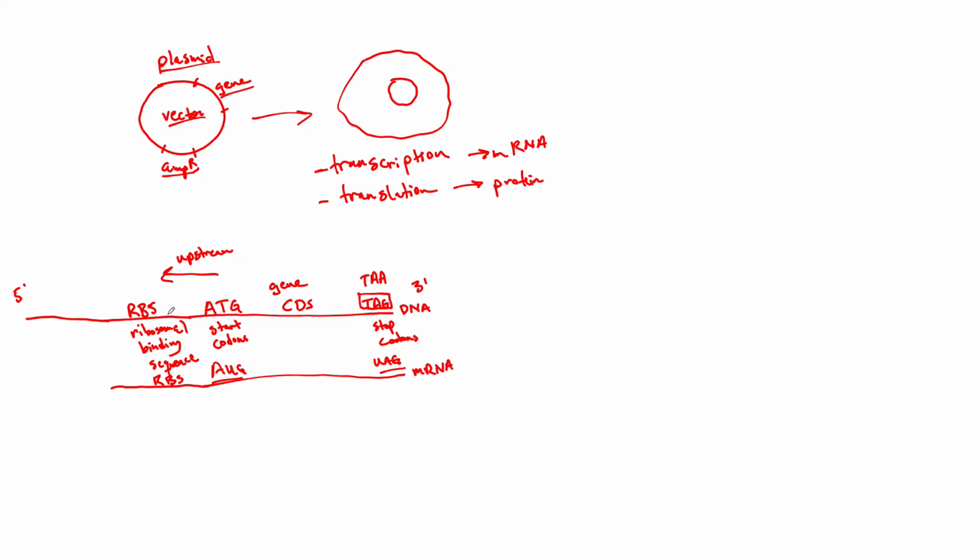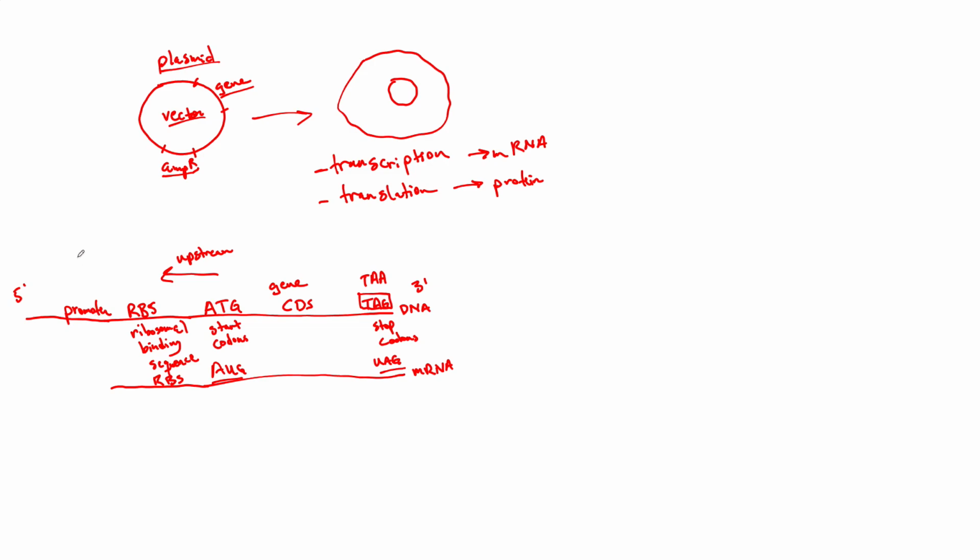And to get transcription, you have to have some other elements on the DNA that are even further upstream. One of the most important of those is called the promoter region. You have probably learned about promoters already. A promoter is a sequence on the DNA that allows for transcription to happen. It promotes transcription, thus the word promoter.